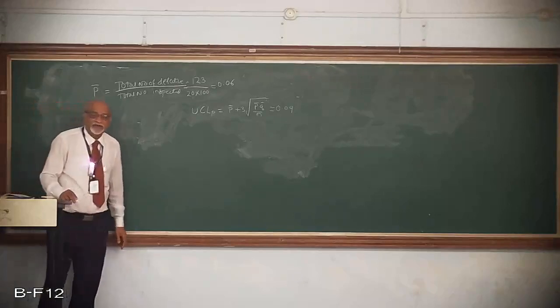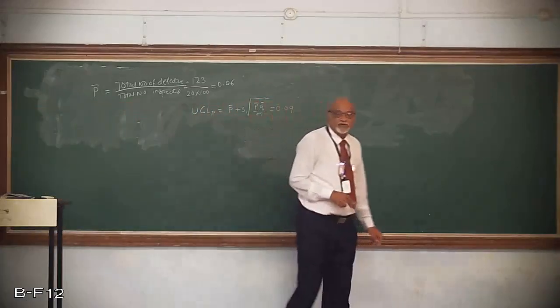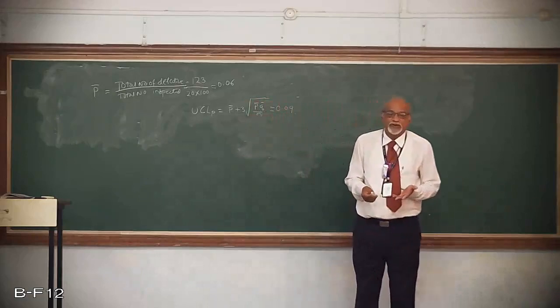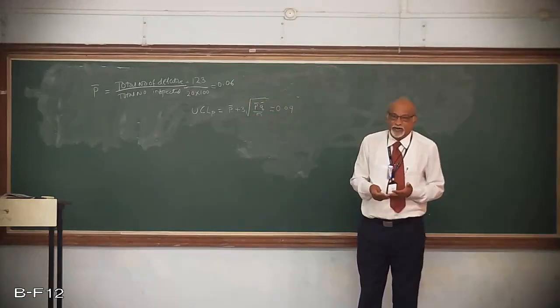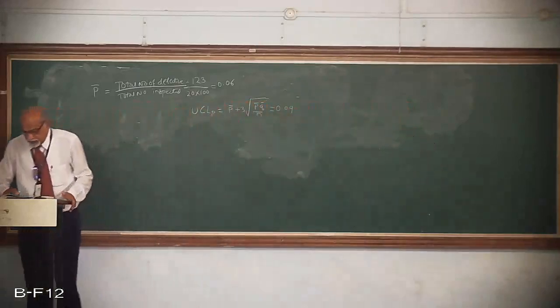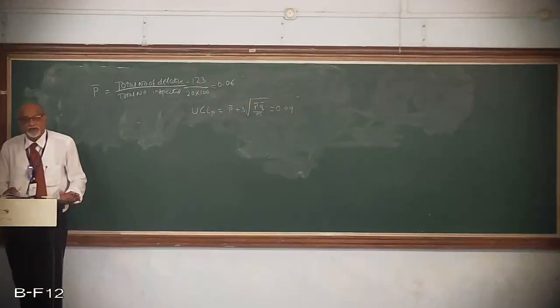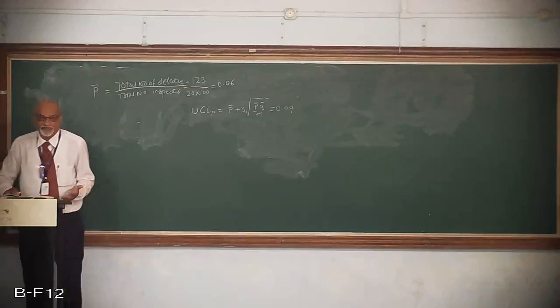That is the 3 sigma limit that we have been telling, 0.3%. Out of 1,000 products, only 3 defectives can be permitted. So it works out to be a 3 sigma limit.